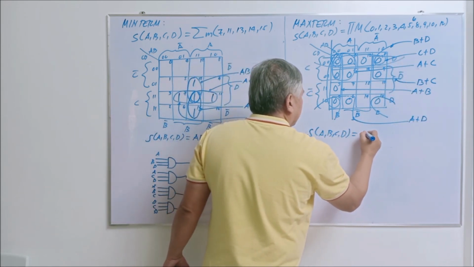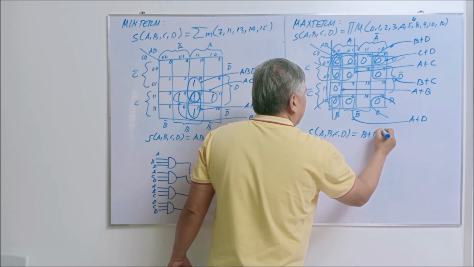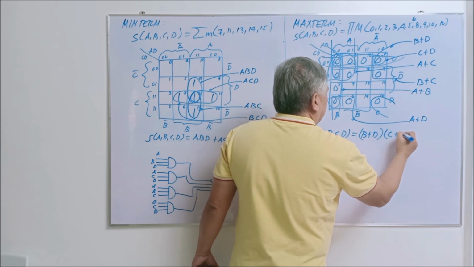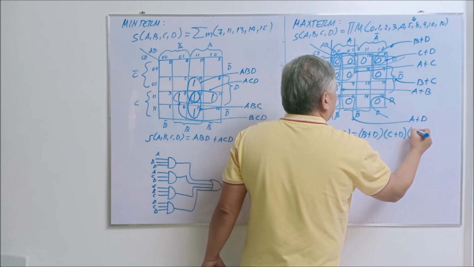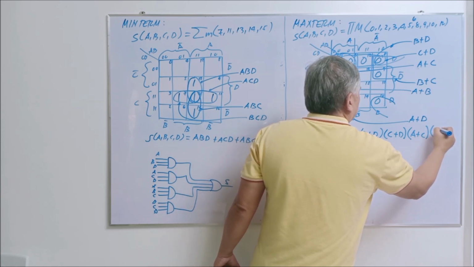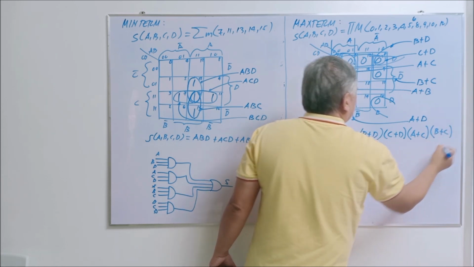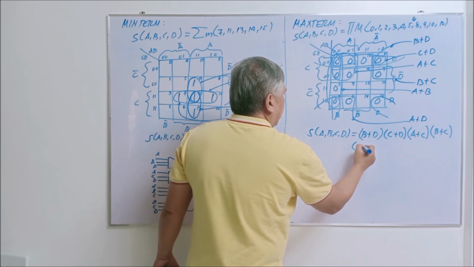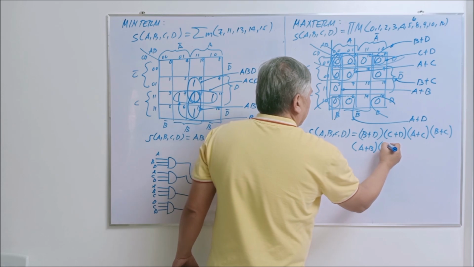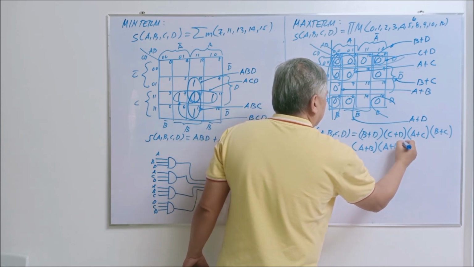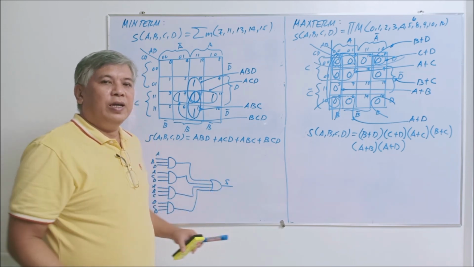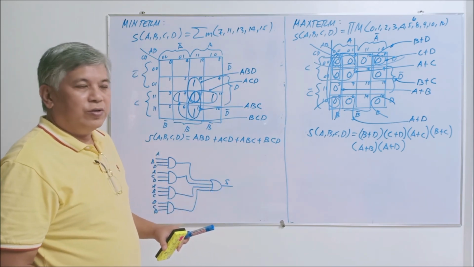So you have B plus D times C plus D times A plus C times B plus C times A plus B times A plus D. That will be our simplified logical equation.